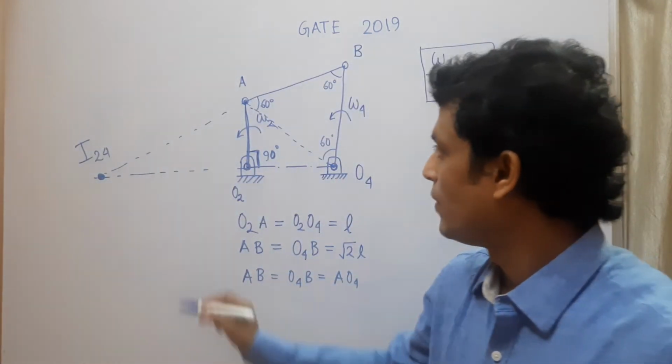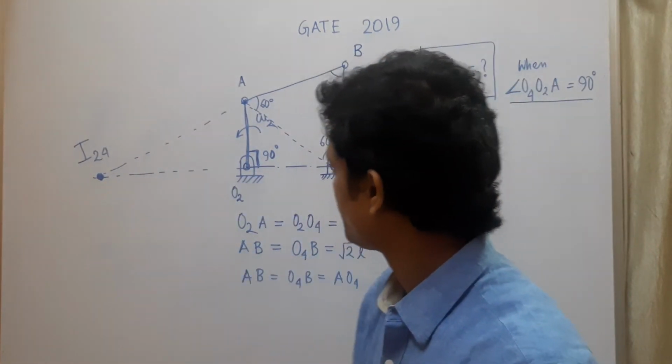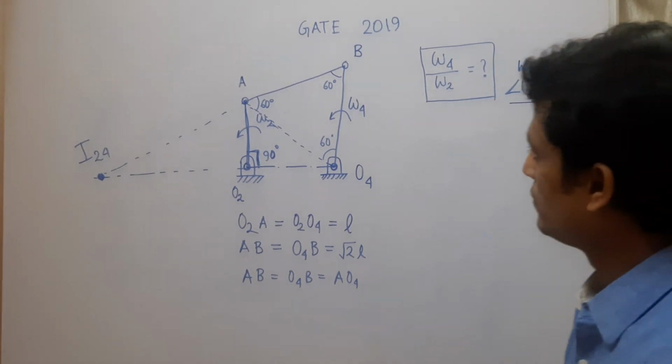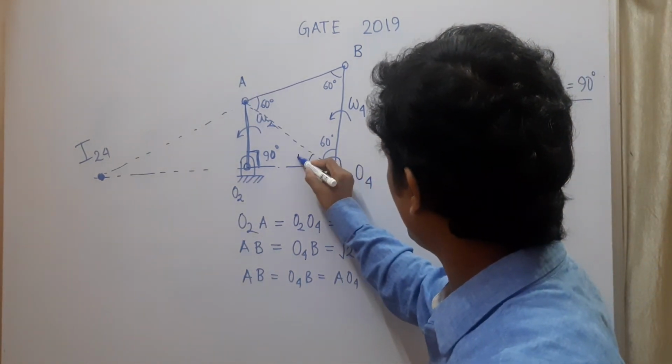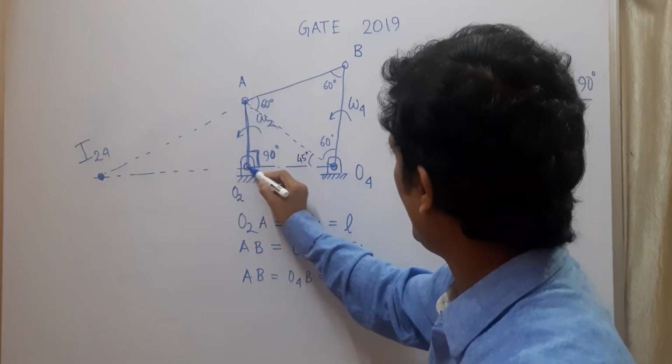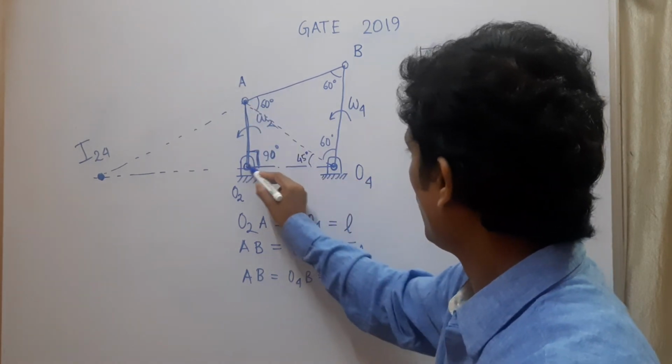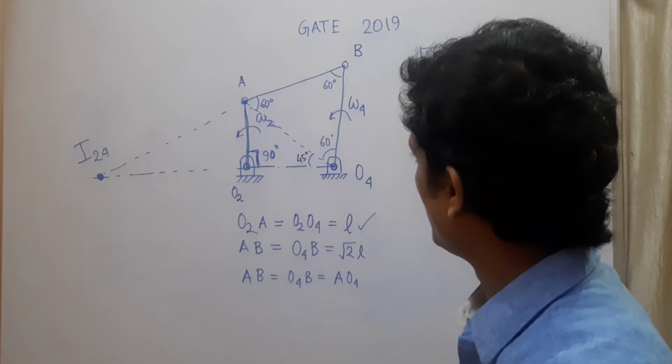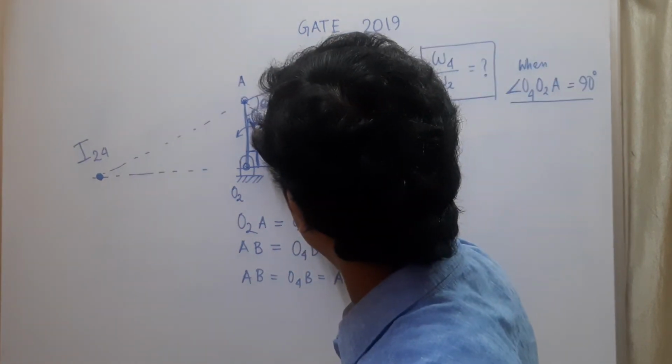So this is my I24. Now this angle is 45 degree because O2A and O2O4 are equal in length, and this will also be 45 degree.